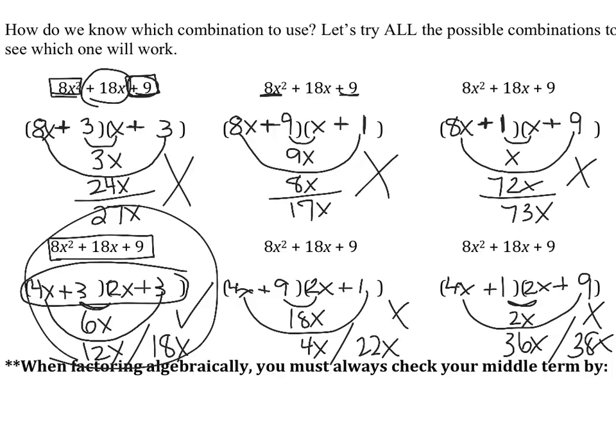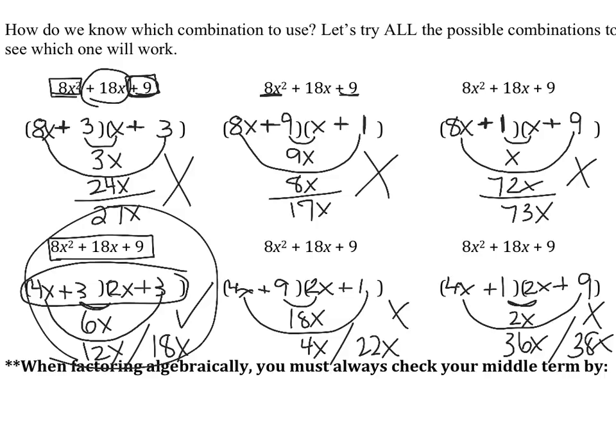So factoring can get kind of trying, but as long as you break up your first terms and your last terms, and then check your middle term, you're always checking your middle term by multiplying your outers and your inners together. So let's answer this next question.